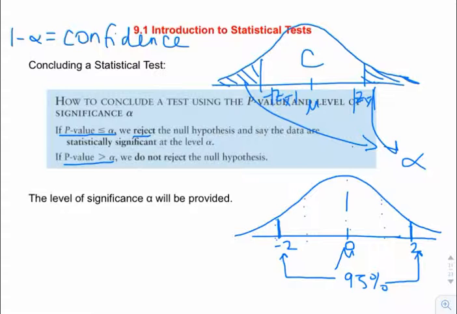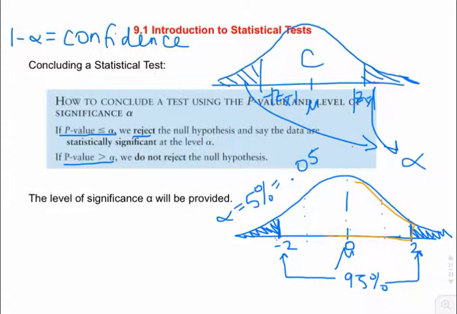Outside of that, if we are to the left of -2 or to the right of +2, that is the remaining 5%. So in this case, alpha equals 5%, or 0.05.